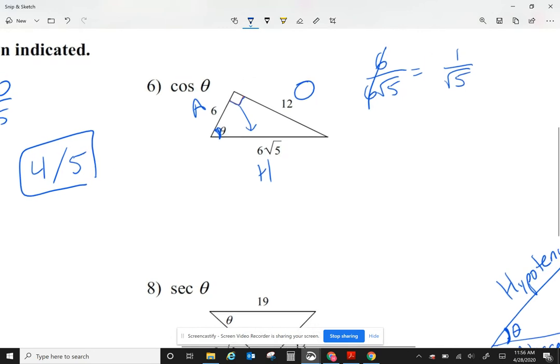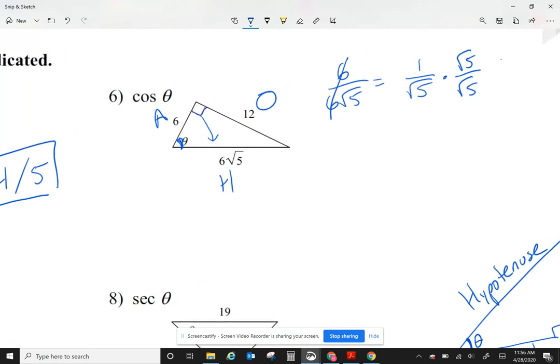Now remember I mentioned before in the previous unit, and I also mentioned yesterday, when we have a radical at the bottom, make sure you rationalize the denominator. And what that means is multiply top and bottom by that radical that you have at the bottom. So 1 times radical 5 is radical 5.